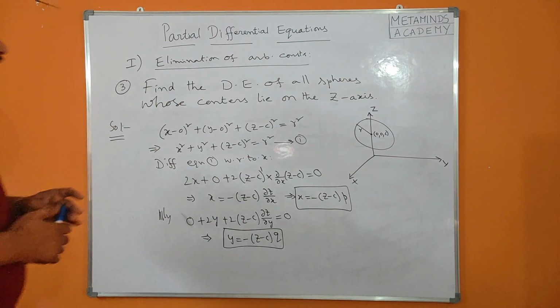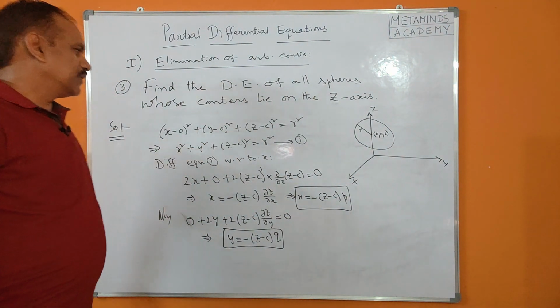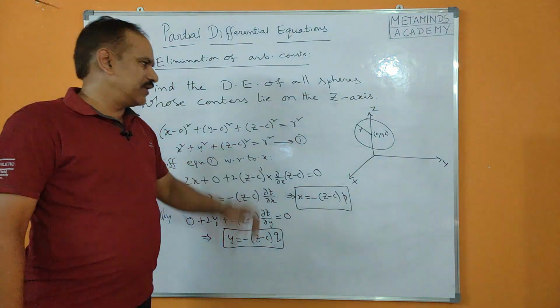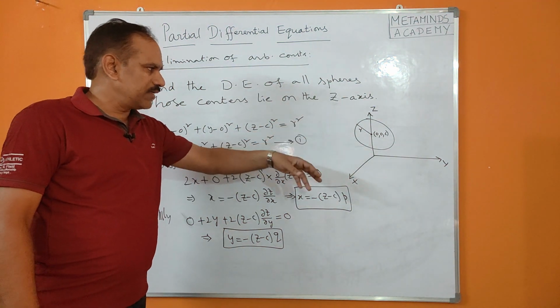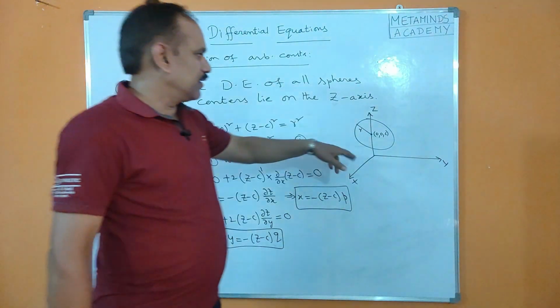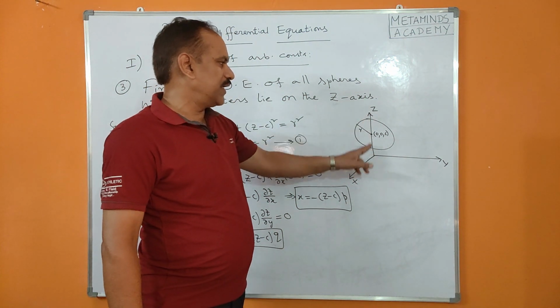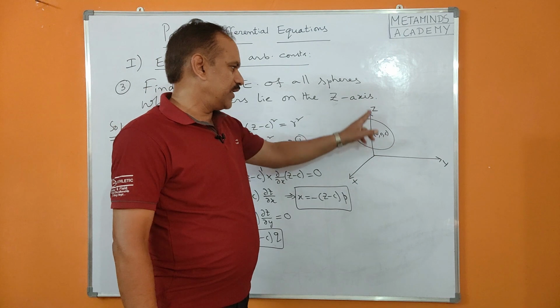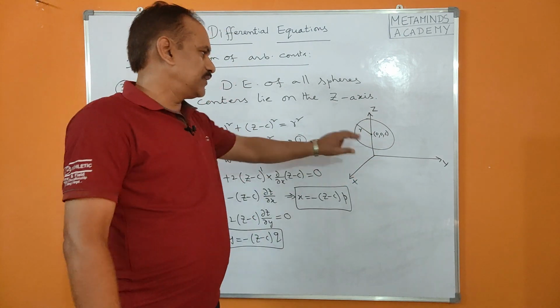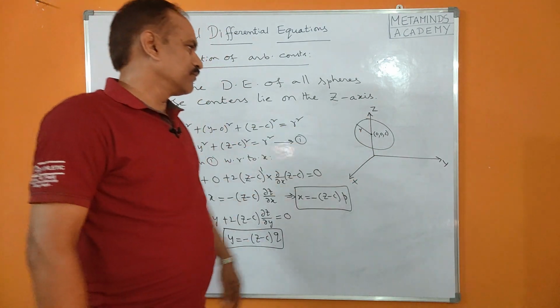What are the arbitrary constants in this problem? They are c and r. c is also varying, as the center of the sphere can be anywhere on the z-axis. When the center changes, c changes.